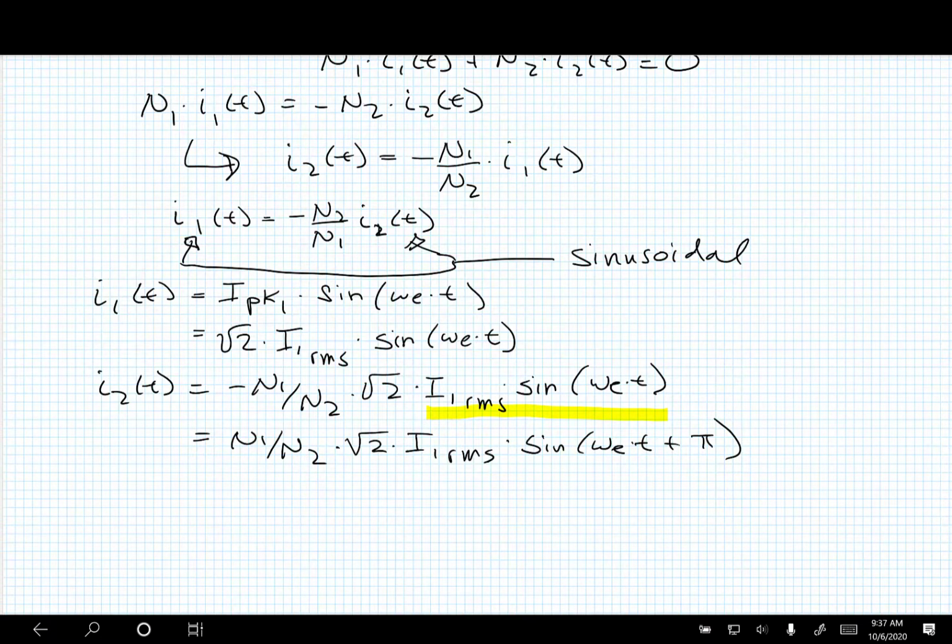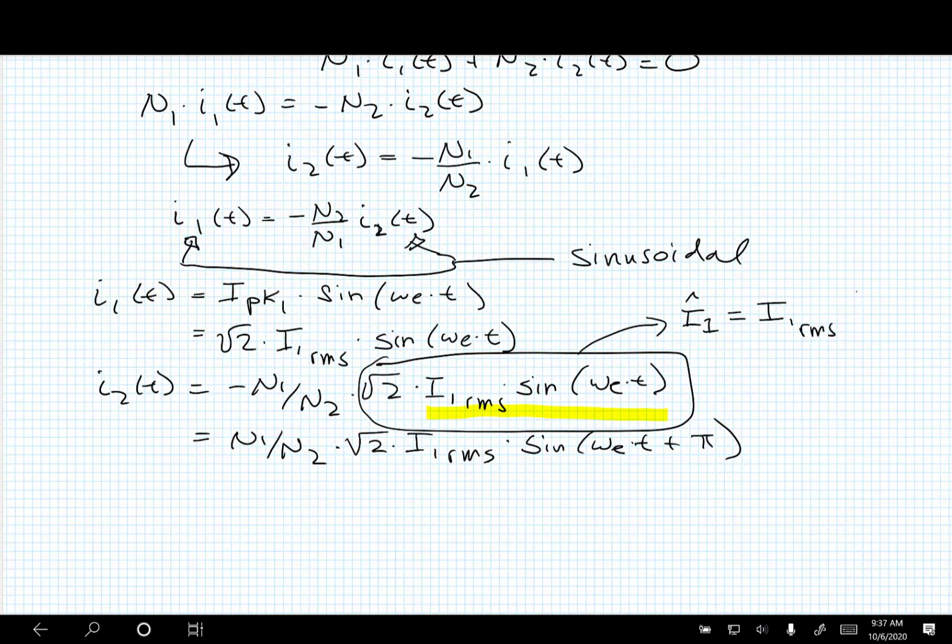I know that my phasor representation of this whole expression here, I1 phasor, would be I1 RMS, and let's be completely general here too.